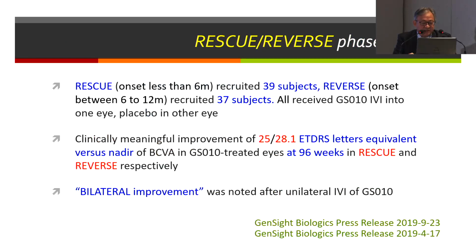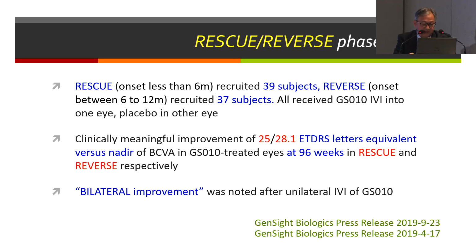For the GenSight study, the first 2 phase 3 trials are called RESCUE and REVERSE. RESCUE recruits patients with onset less than 6 months, and REVERSE recruits patients with onset between 6 to 12 months. All the patients receive a GS010 intravitreal injection in one eye and a placebo in the contralateral eye. They found a clinically meaningful improvement of 25 and 28 ETDRS letters equivalent versus nadir in the GS010-treated eyes at about 2 years in RESCUE and REVERSE respectively.